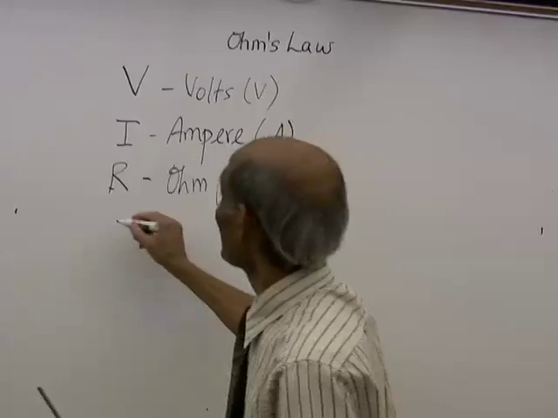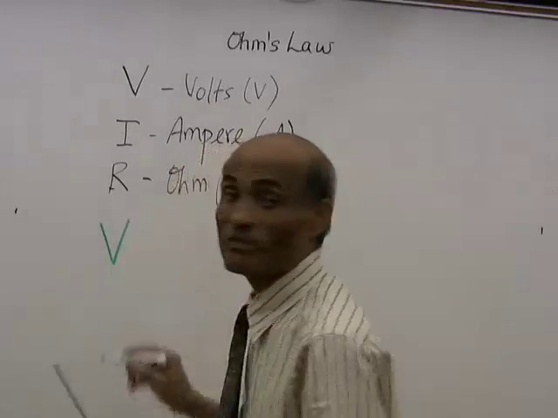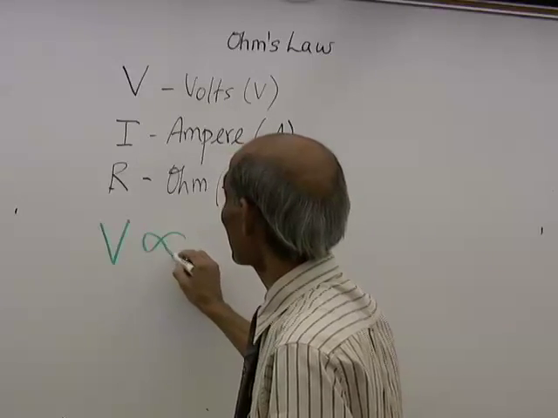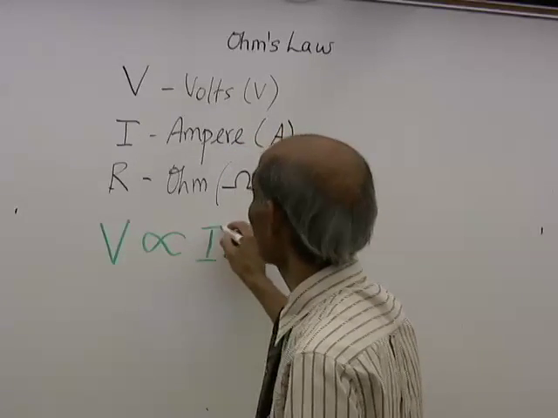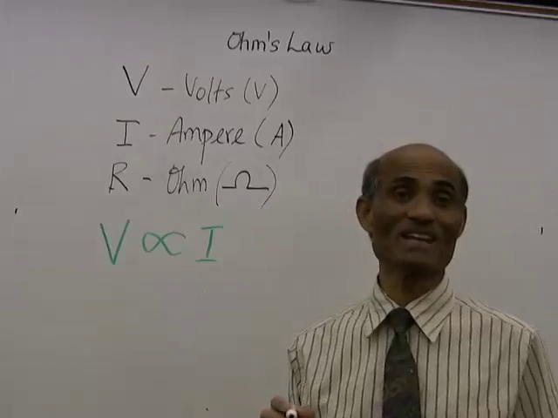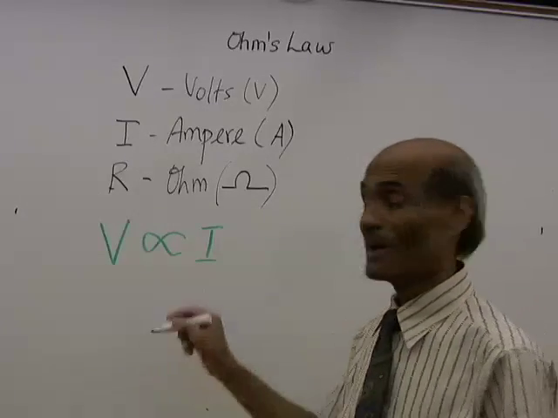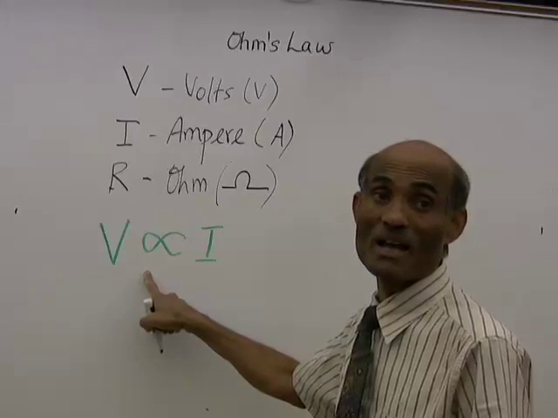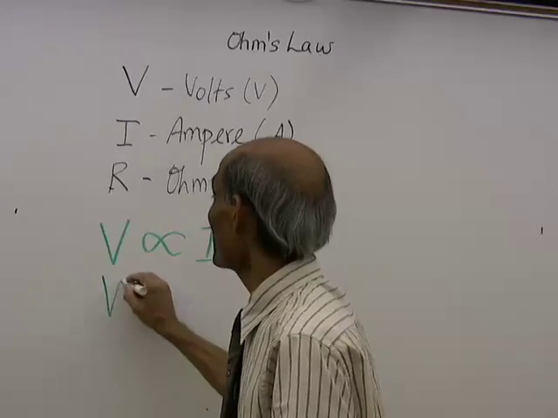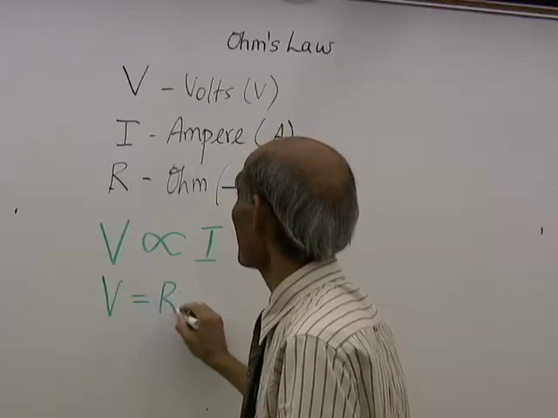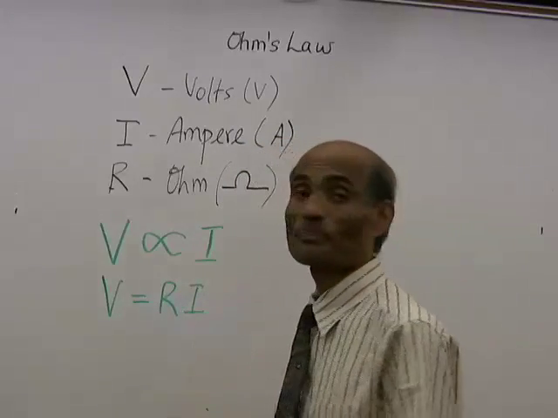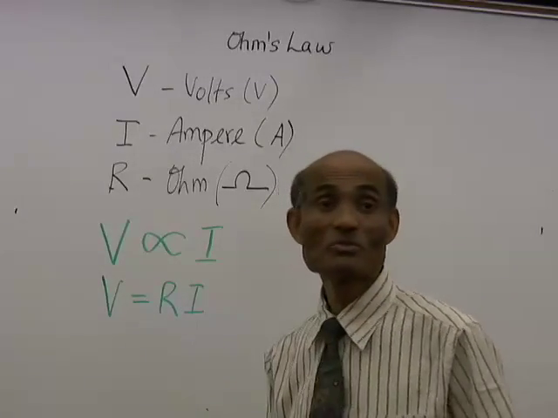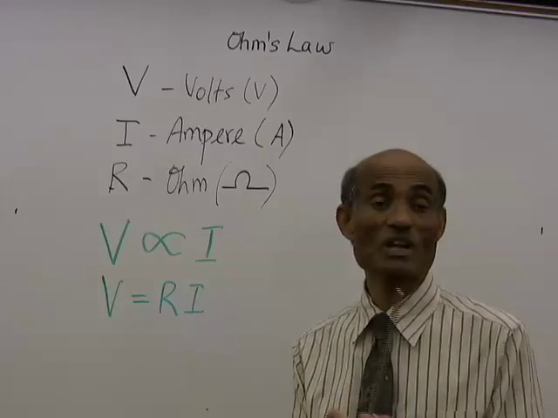In other words, potential difference across the ends of a conductor is directly proportional to the current that flows in it. That is Ohm's law. And replacing the proportionality sign by an equal sign, we get V equal to RI. This is the equation we are going to work with in today's lab.